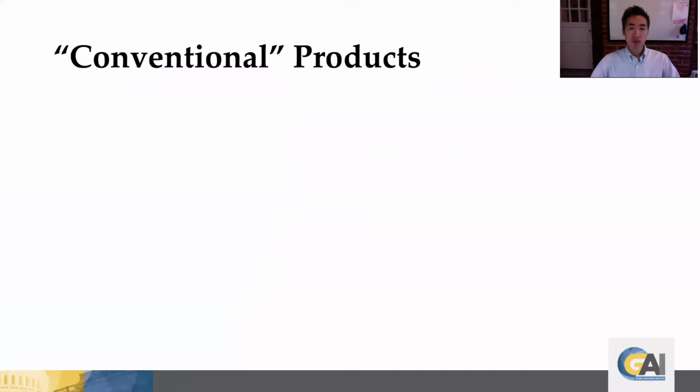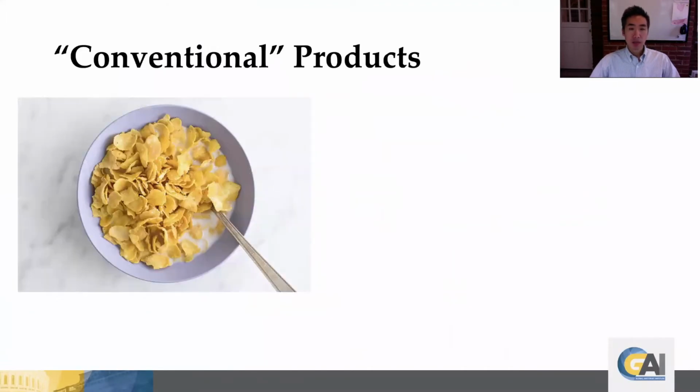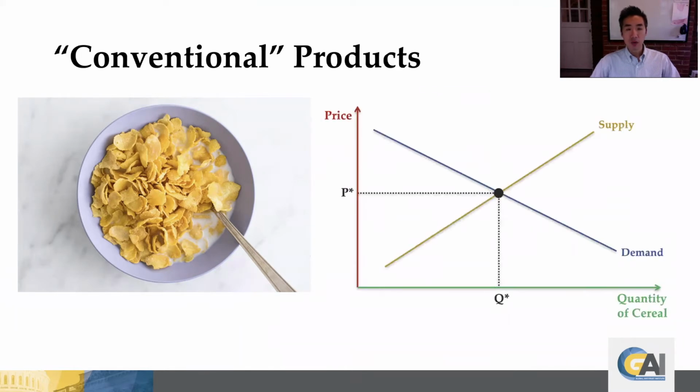So let's start with a conventional product, something such as breakfast cereal. And how we assess this type of market, at least on a foundational level, is supply and demand, right? There's a certain demand for breakfast cereal and a certain supply, and their interaction determines the price and quantity. So it's relatively straightforward.